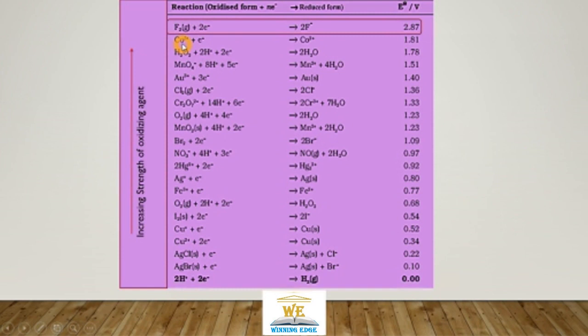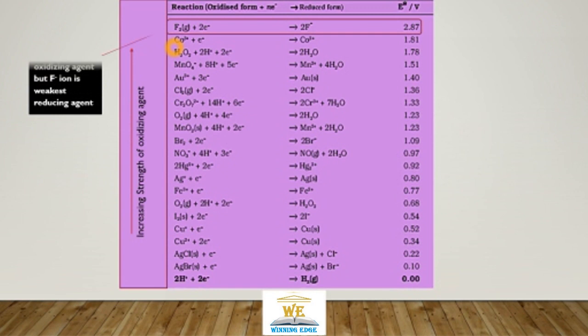Next is cobalt 3 positive. It is reduced to cobalt 2 positive, 1.81, and all the topmost elements in the electrochemical series are strong oxidizing agents.